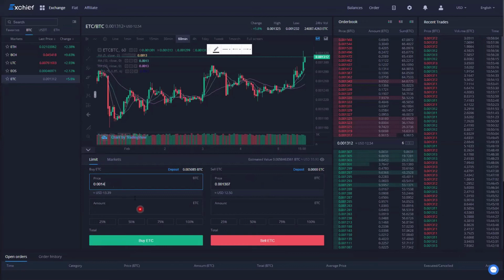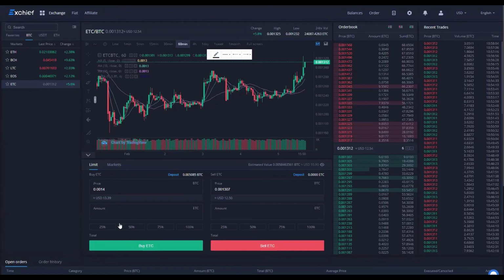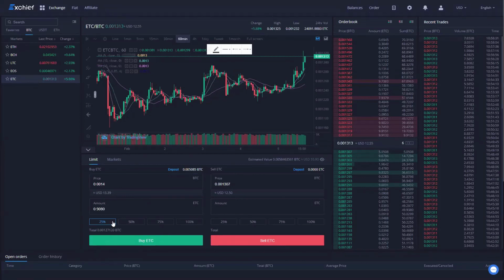Now after doing this, you have the option of choosing the quantity of your assets that you'd want to put out there in exchange for the new asset you want to take on. You can either choose the 25%, and you realize that immediately you click this, this side gets populated. Depending on which percentage you select, there's an adjustment over here to reflect whichever quantity.